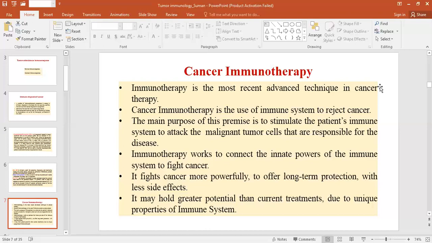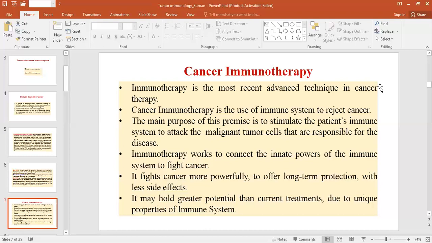Neoantigens trigger the secretion and expansion of tumor-specific T cells, which are able to recognize and kill tumor cells. However, developing tumors induce several mechanisms to avoid recognition and effective destruction by immune cells.